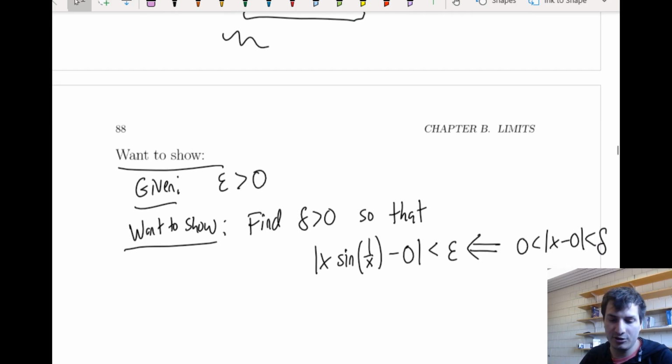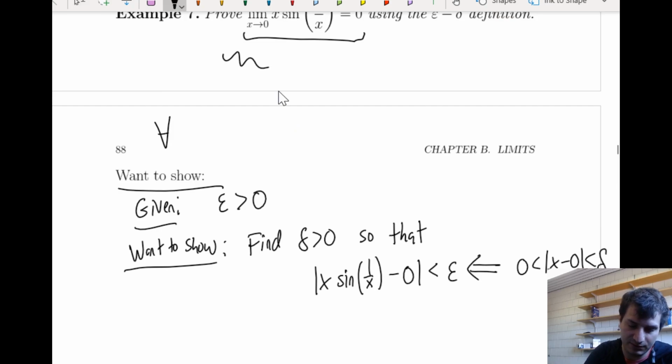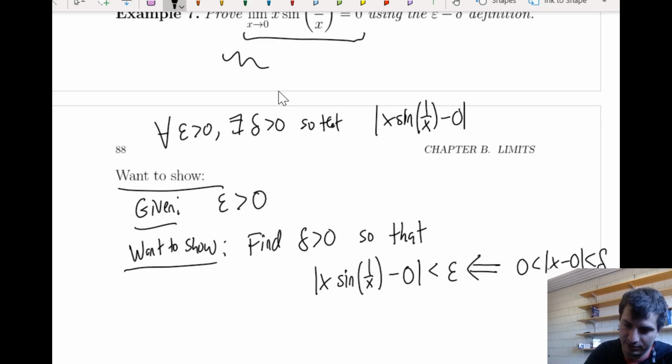This is the statement: for all epsilon greater than 0, there exists delta greater than 0 so that if 0 < |x - 0| < delta, then |x sine 1 over x - 0| < epsilon.